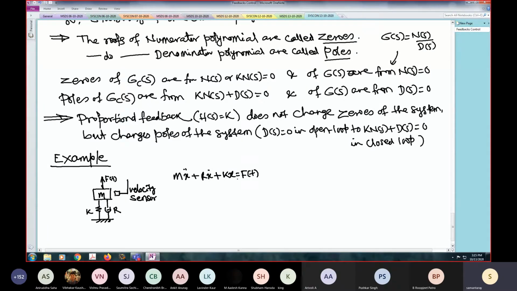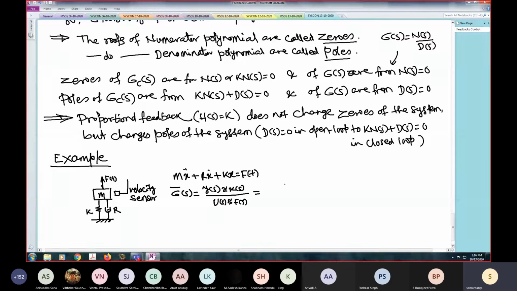We take the Laplace transform of both sides and we find G(s), where our output is Y(s), which is the same as X(s), divided by, we'll convert it to velocity, okay, G bar by U(s), which is the same as F(s).